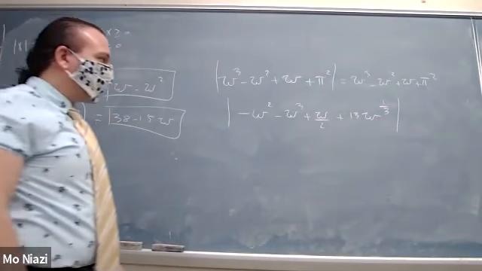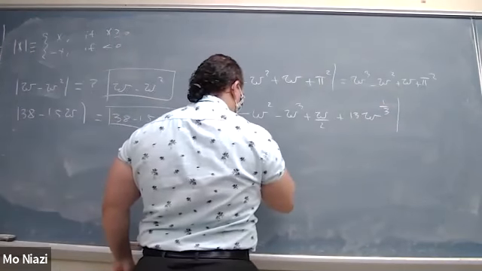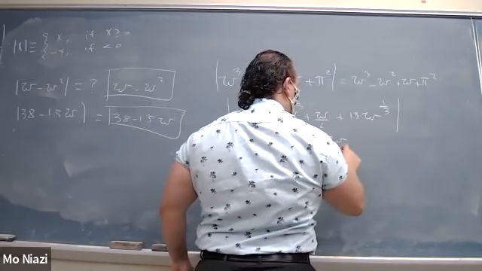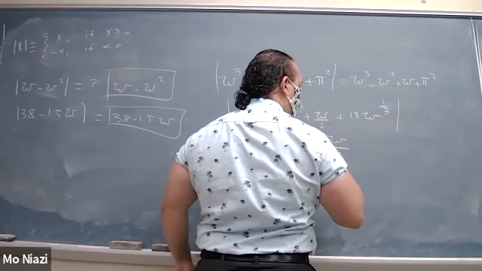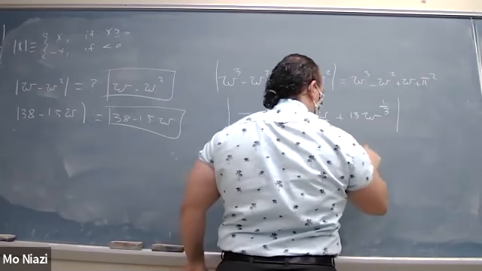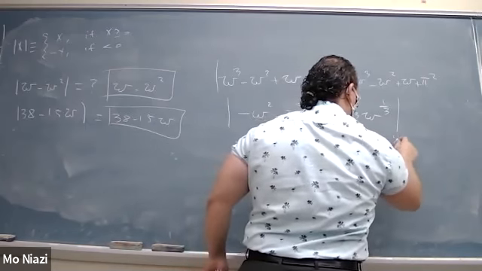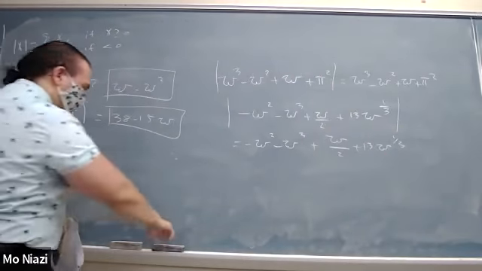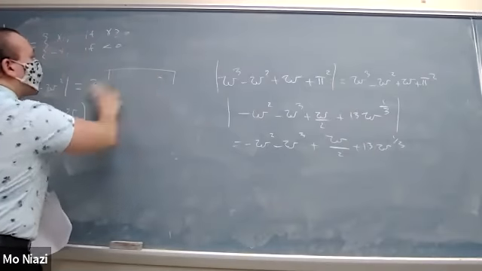It stays the same. Why? Omega to the power of 1 over 3 is the highest level, and all the other ones are lower. And it has a positive sign here. So the overall absolute value becomes positive.